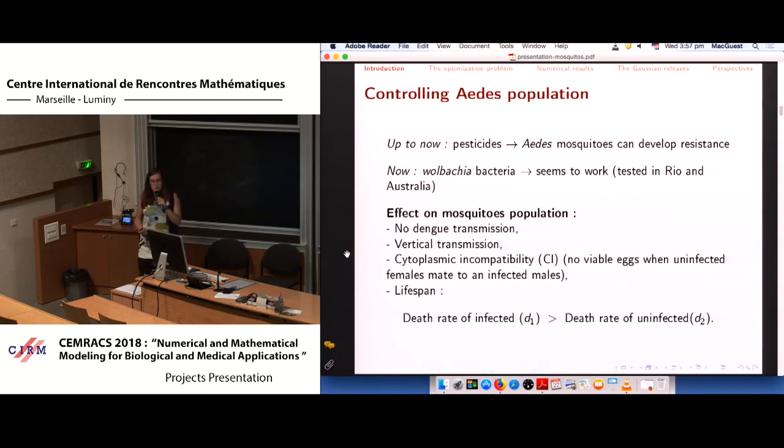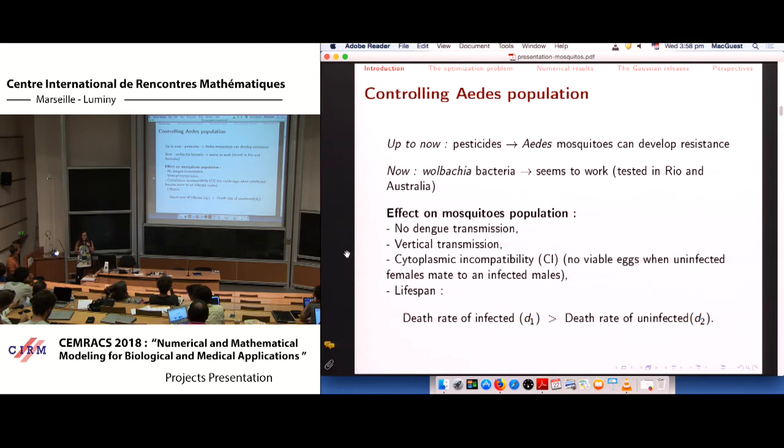So how do we control this Aedes population? Up to now, we used pesticides, but now we all agree that pesticide is not a good deal, because Aedes mosquitoes can develop a resistance, and pesticides are not harmless. While mosquitoes can develop resistance, this is not the case for a lot of other insects, and in past decades we lost a lot of insect biodiversity.